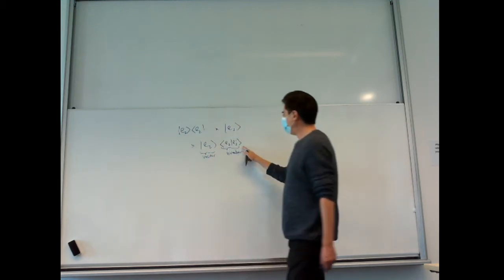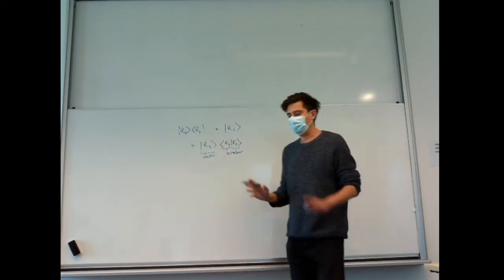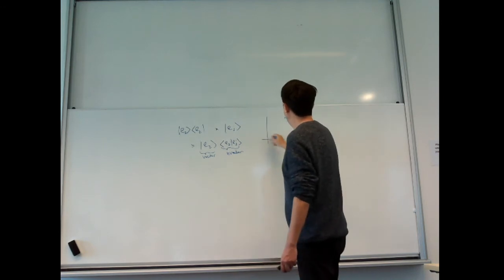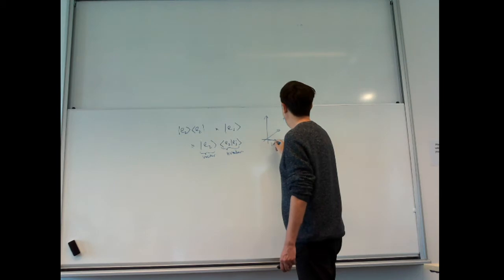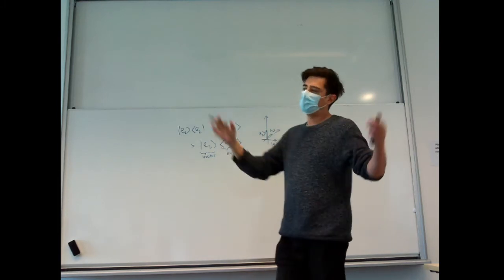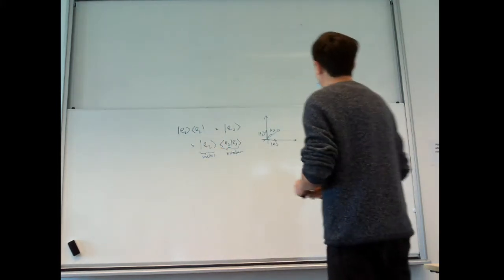And this number, because all these E things are unit vectors. So here's E1, here's E2, here's E3. I'm just drawing 3 dimensions, but you can have any number of dimensions, of course.